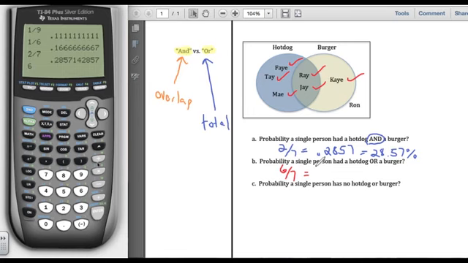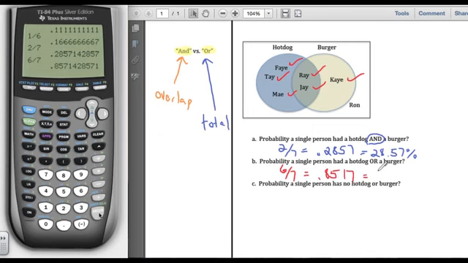As a decimal, this would be 0.8517 or 85.17%. Note that these are not complements because they would add to be over 100%. Finally, in C here, what is the probability a single person had no hot dog or burger?